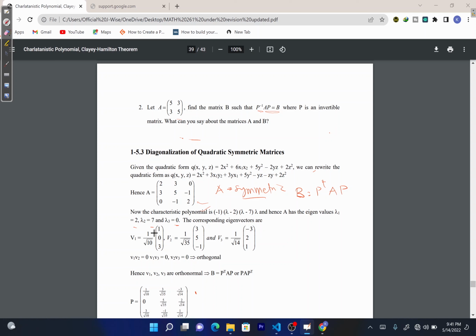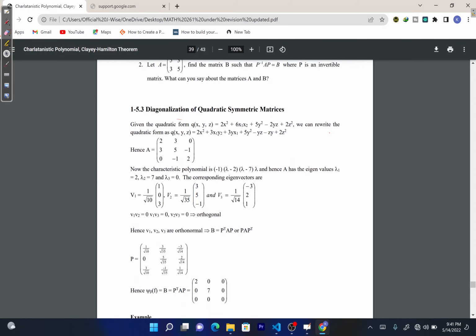That's symmetric matrix A, it's positive semi-definite. Here are the corresponding eigenvectors of matrix A, and they are orthogonal. Therefore, we can generate our modal matrix P using the eigenvectors of matrix A.